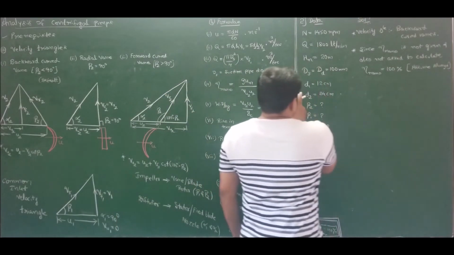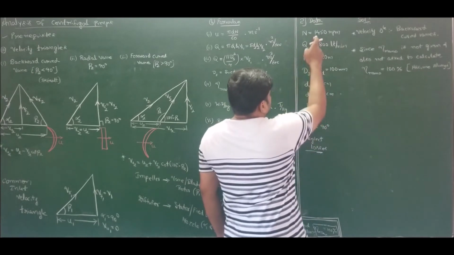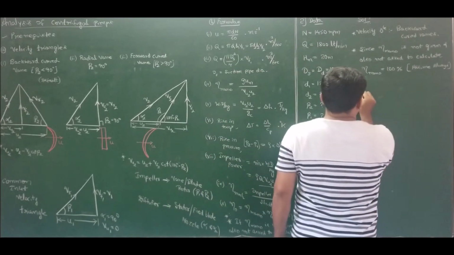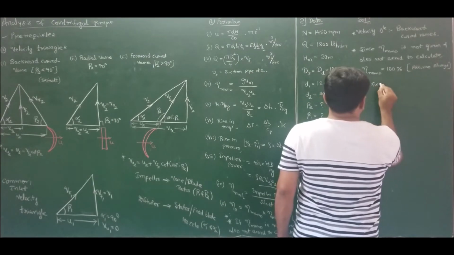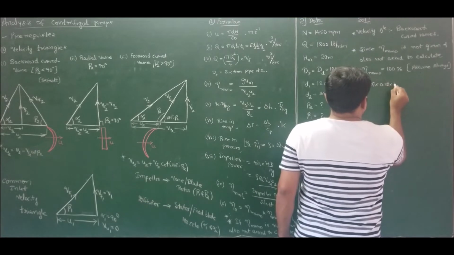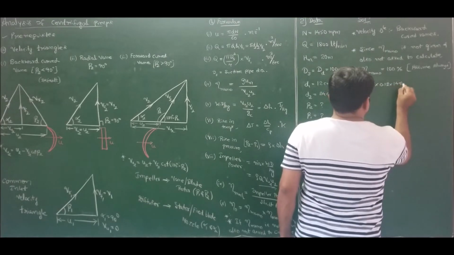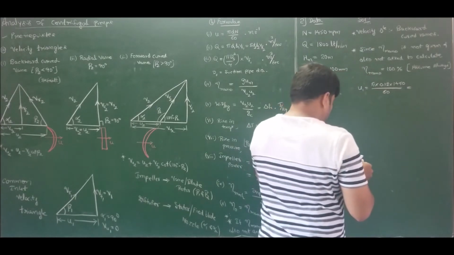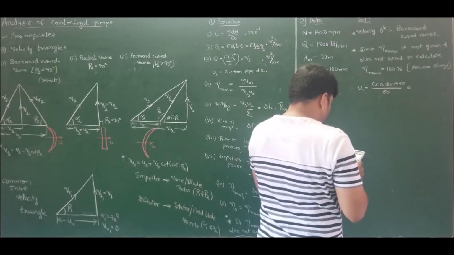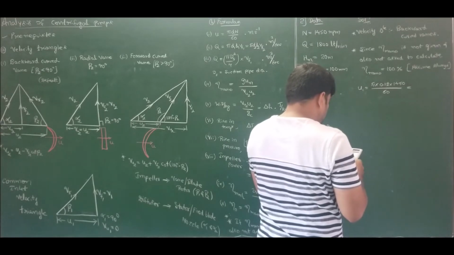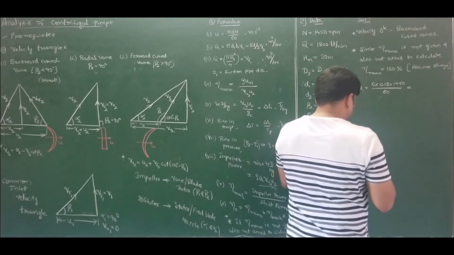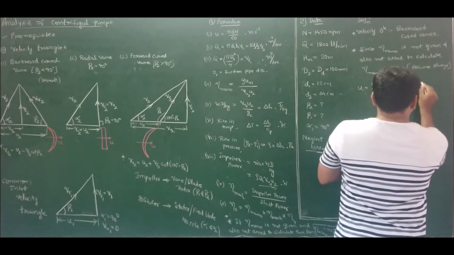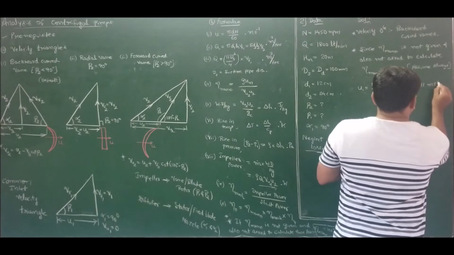Now we know inlet and outlet diameter, he has given the RPM, so therefore find the value of U1 and U2. U1 will be pi times 0.12 into 1450 by 60. So pi D N by 60, pi into 0.12 into 1450 by 60 will lead us to U1 as 9.11 meters per second.